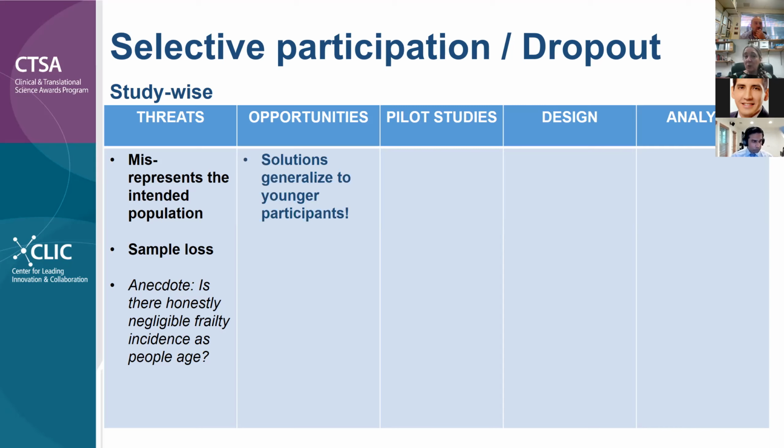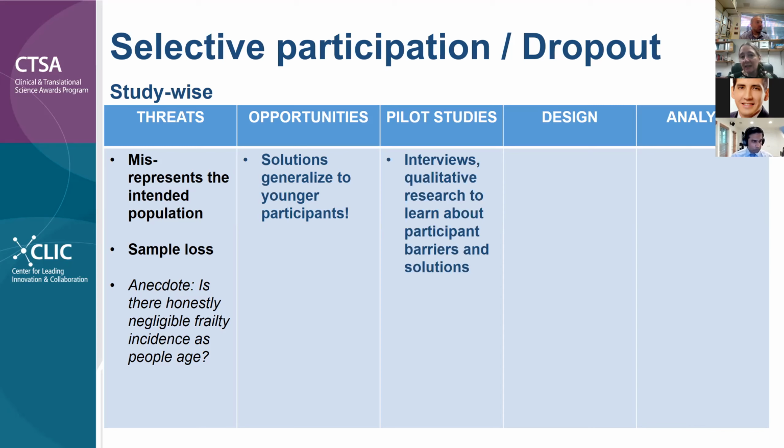An opportunity, of course, is that younger participants drop out as well for all kinds of reasons, and so solutions will generalize to younger participants. Pilot studies provide us an opportunity to perform interviews and qualitative research to learn about barriers to participation and potential solutions whereby participants might be retained in studies, home visits, that sort of thing.